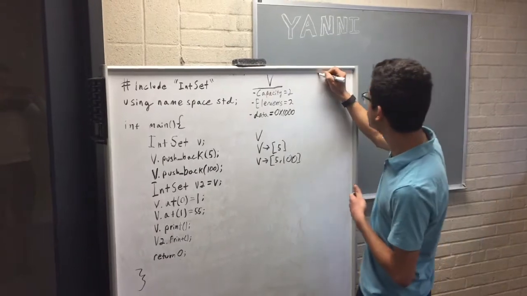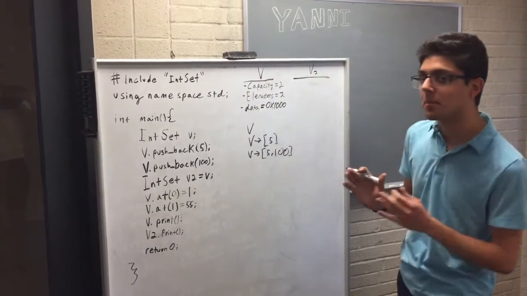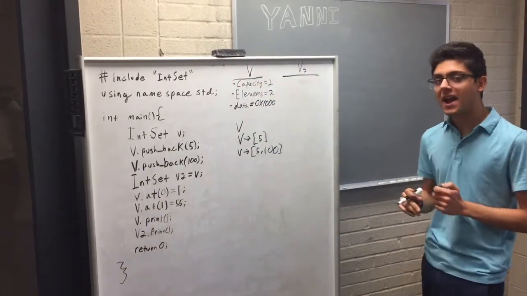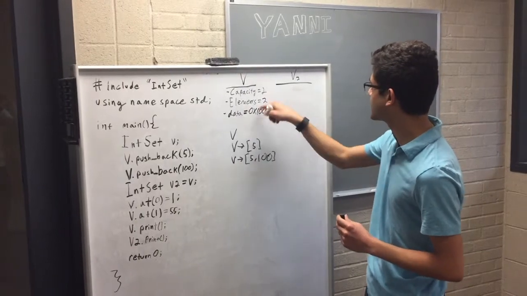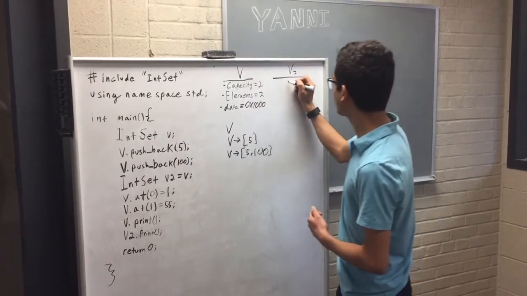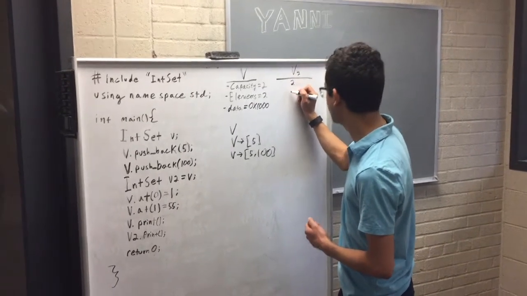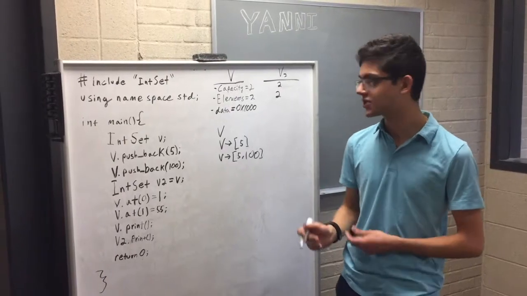Well, what C++ does in this case is something called a member-wise copy. What that means is it's going to literally copy what's here over here. And what happens when you do that? You copy a 2 as the capacity, you copy 2 as the elements, which are fine because they're just integers.